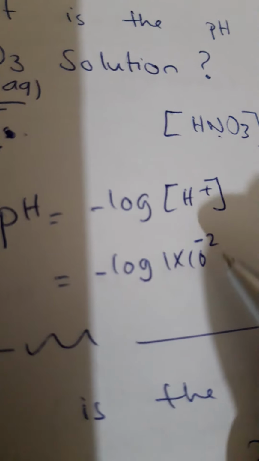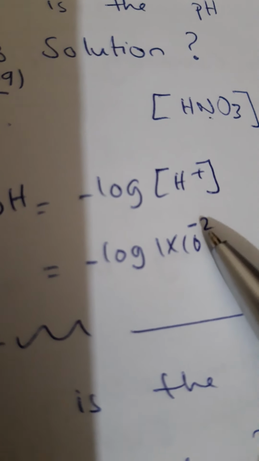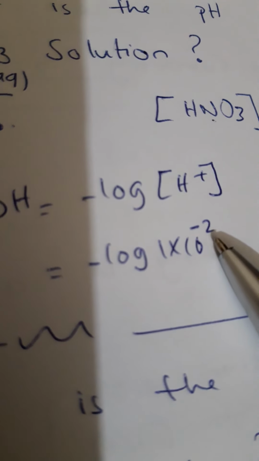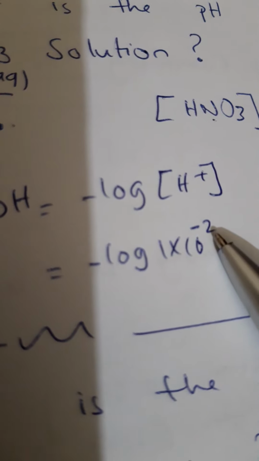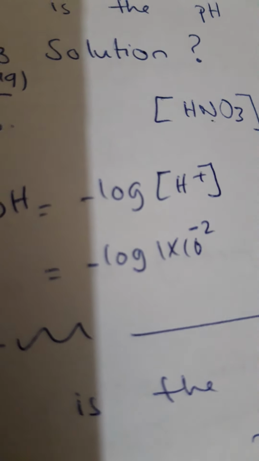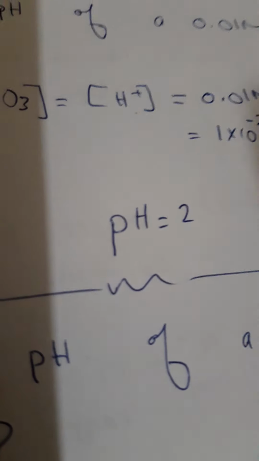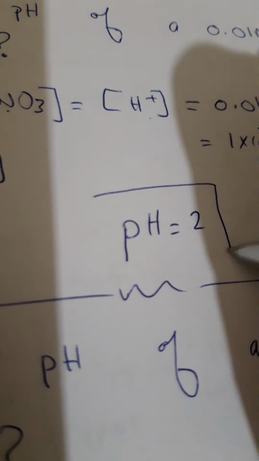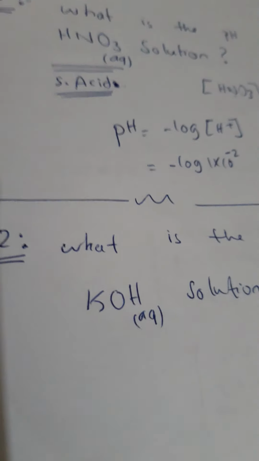So pH is directly, I told you before guys, you just have to change this power into a positive value, and then pH equals 2. So pH equals 2. Easy question, direct question.